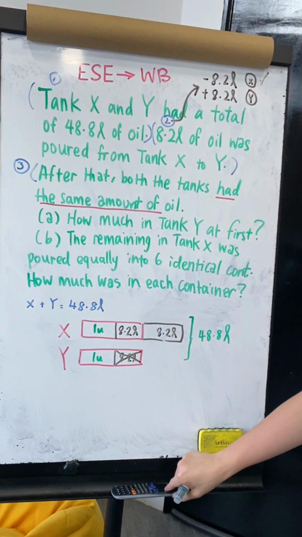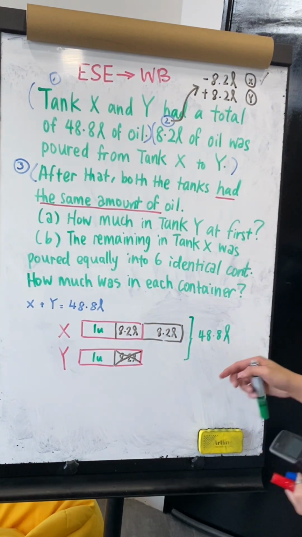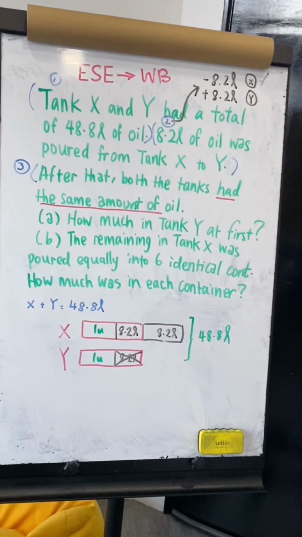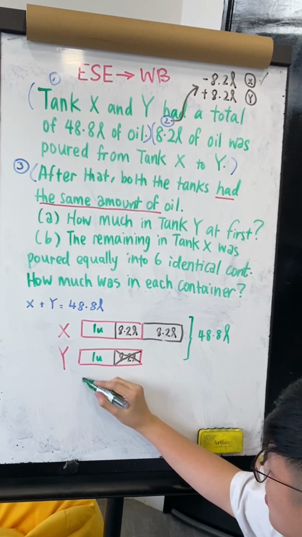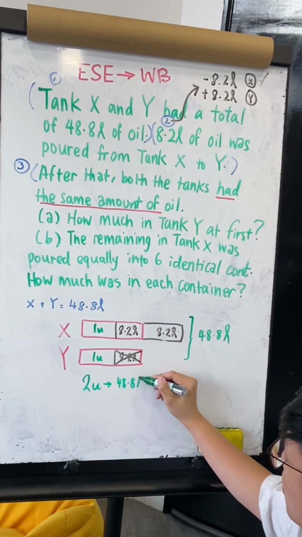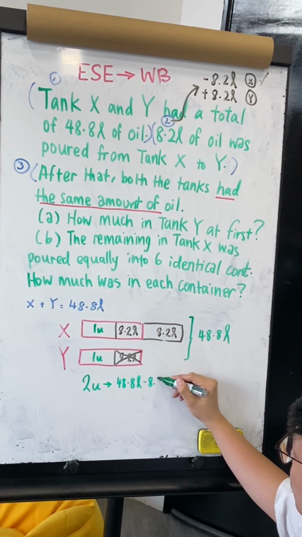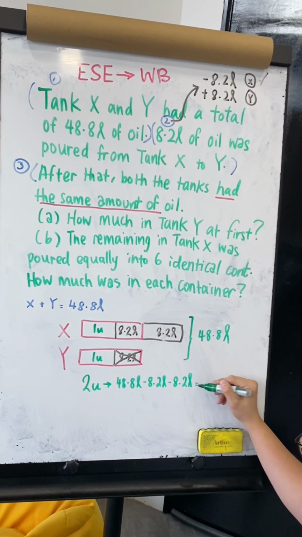So what can I do? I can say 2 units is actually equal to 48.8 liters minus away 8.2 liters minus away 8.2 liters.